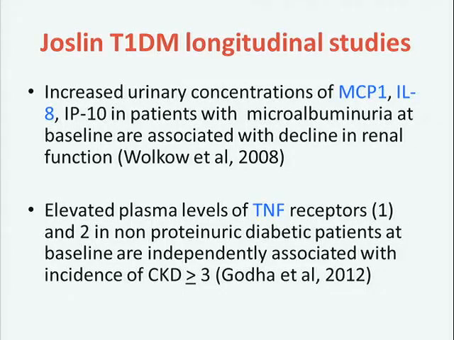I should say that this was in the urine, but they didn't find any correlation between the urine levels and the serum levels. So that's somewhat negative in that respect.